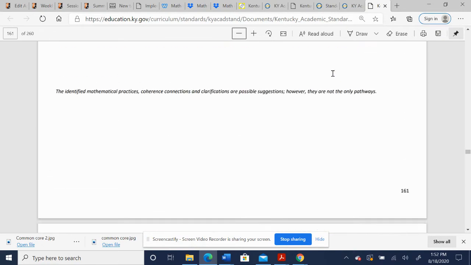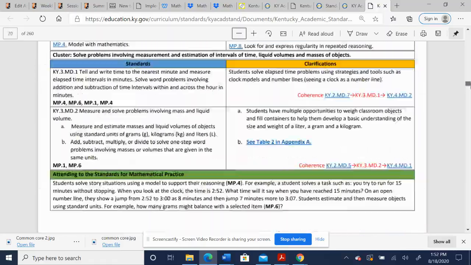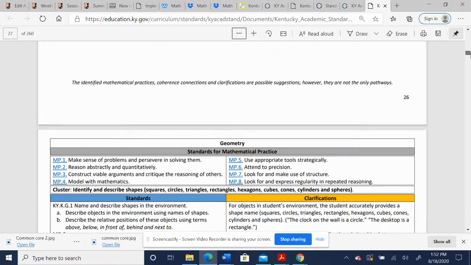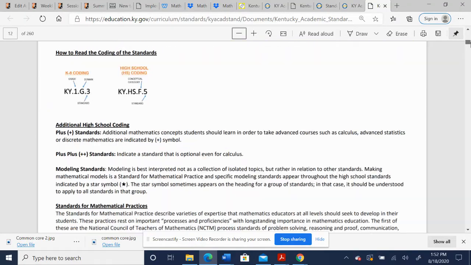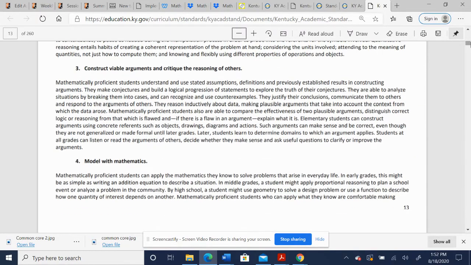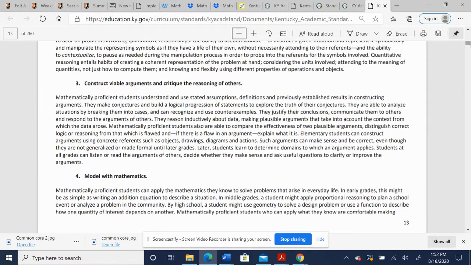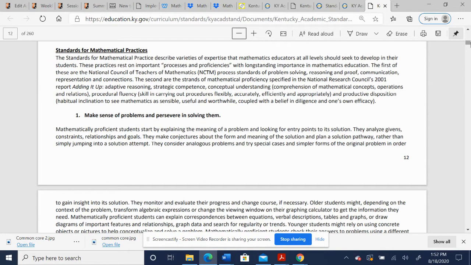Now, what are the standards for math practice? So I'm going to go all the way back to the beginning. We differentiated between the two when we first brought this up, between a content standard and a standard for mathematical practice. Again, content standards are going to be specific about what math the student is going to learn how to do in that grade level or in that content band for the high school.